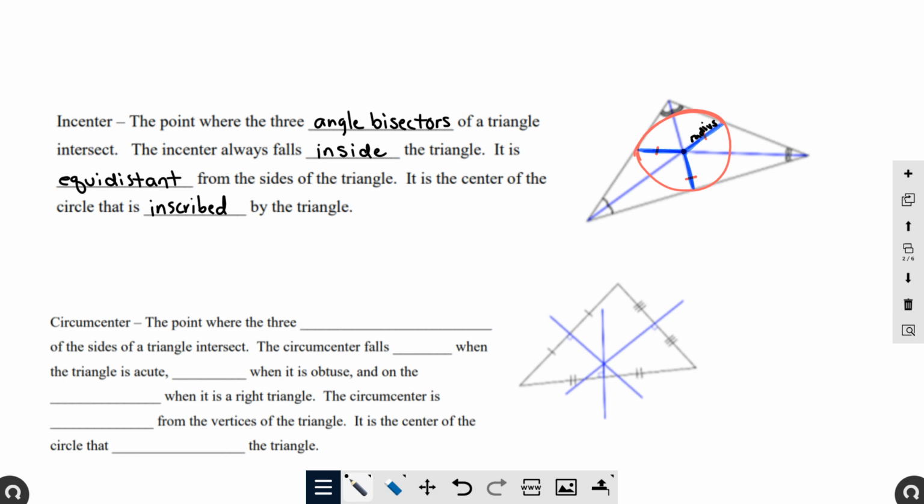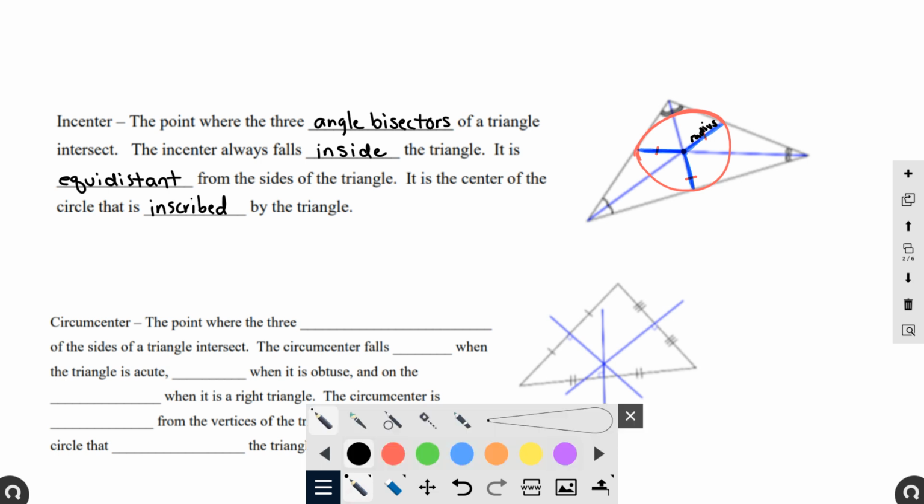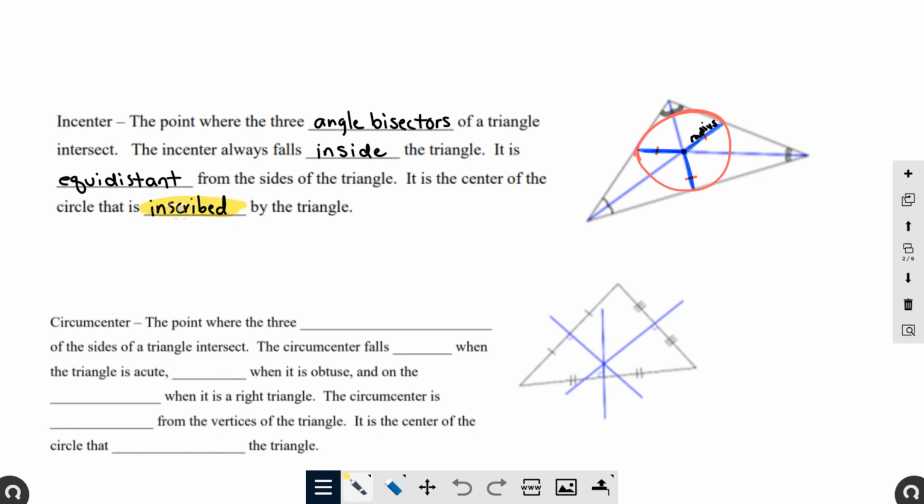So the incenter is the center, and the distance from the center to the side is equidistant. So it means it's the radius of that inscribed circle. Now, key thing to think about, and this is what I do with this one, keep those key things together. Inscribed, incenter. Those are key parts for this shape.